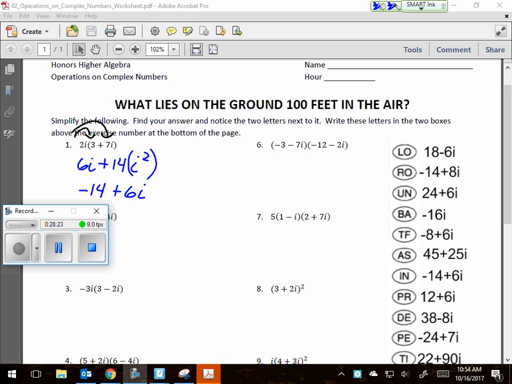Let's do another one. I'm going to jump over to number 6 because my recording box is over the other one. This one times this one makes positive 36. And then the outside makes positive 6i. Then the inside makes 7 times 12. 84? Do I have that right? Okay, 84, and then it's 2 negatives, so it's positive 84i.